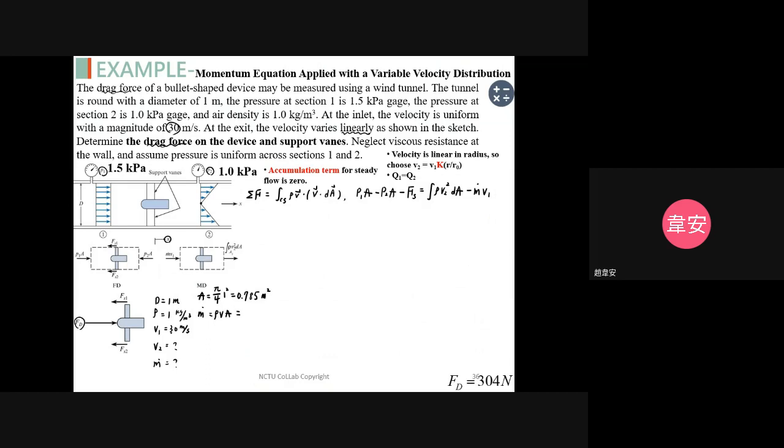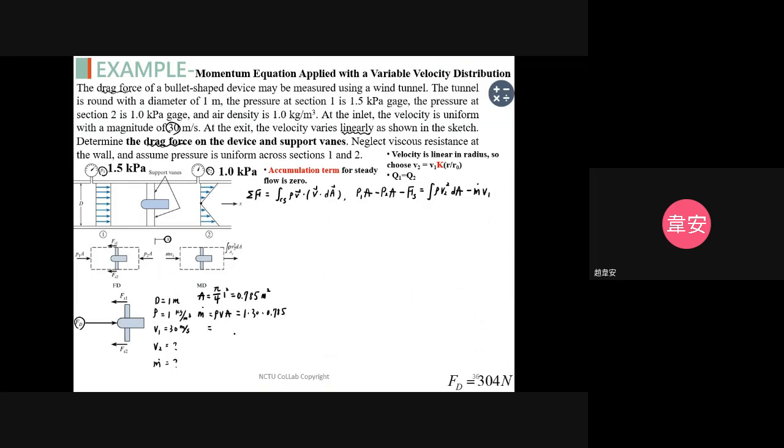The rho here is 1 kilogram per meter cubed, and the velocity on the left hand side is 30 meters per second, and the area is 0.785.